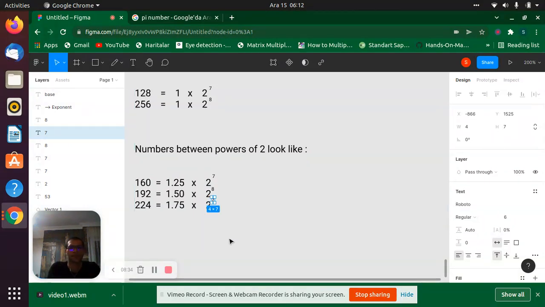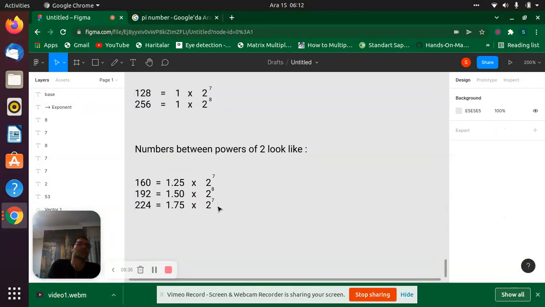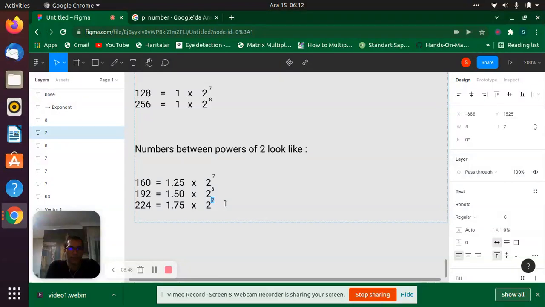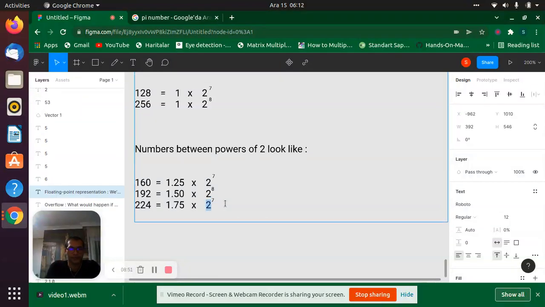So it means 128 times 1.75. It gives us 224. Okay, I think we got it. Let's come down. We're going on again.